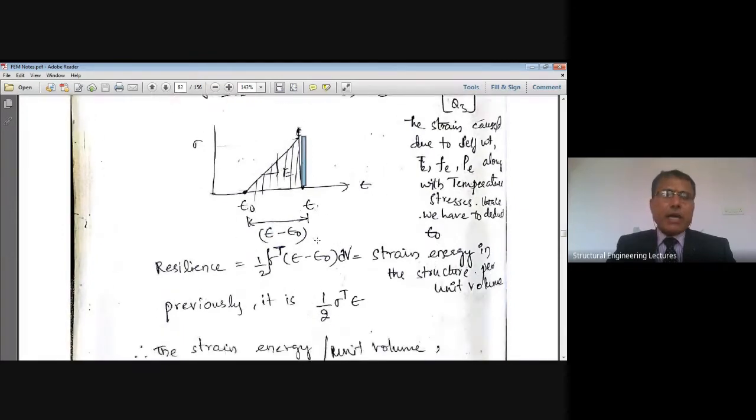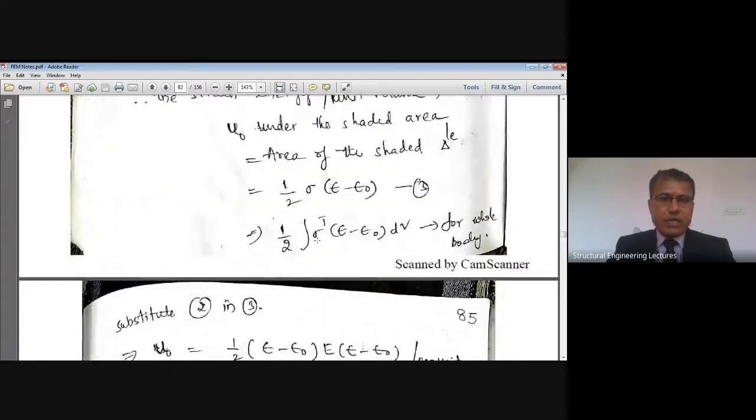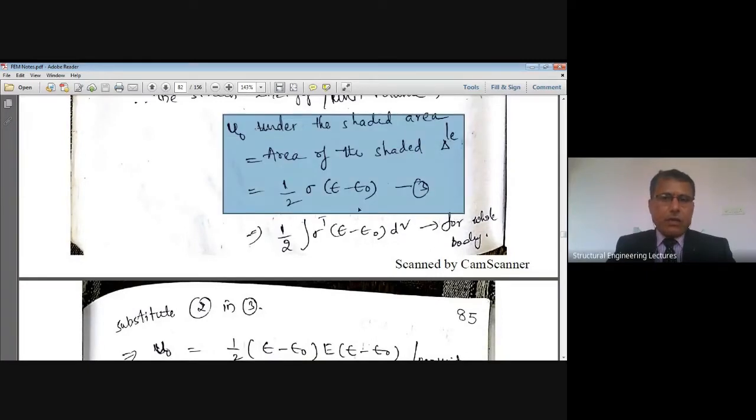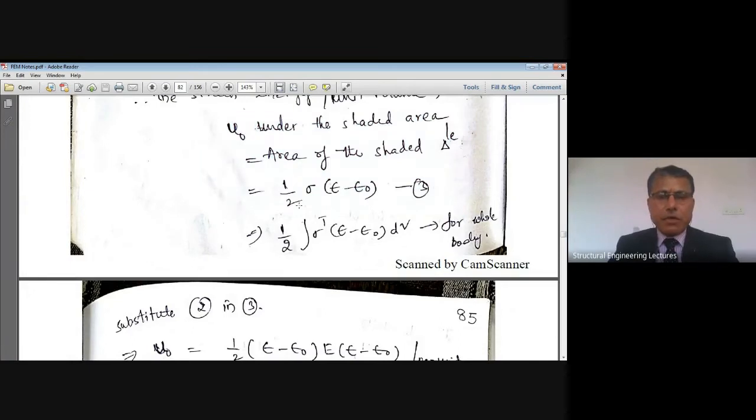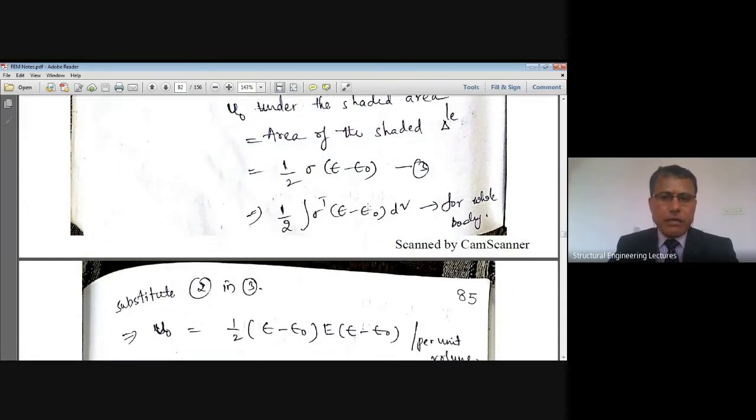Hence the area under the shaded curve is the strain energy, of one continuum or that of one element as appropriate. I have shown just a demo. Therefore half sigma times epsilon minus epsilon naught is related with the third equation.